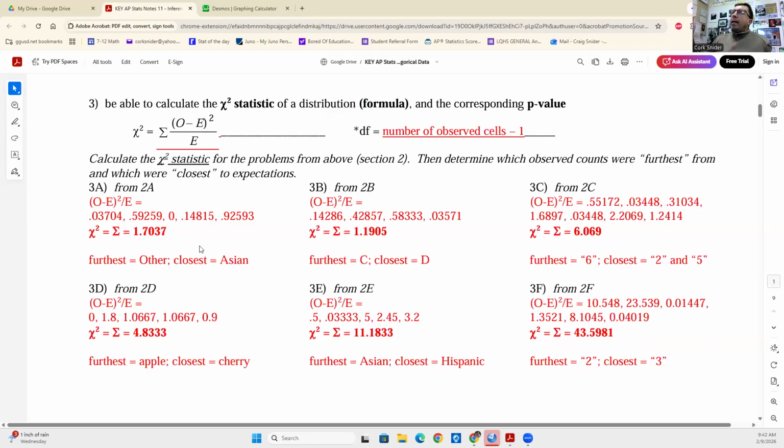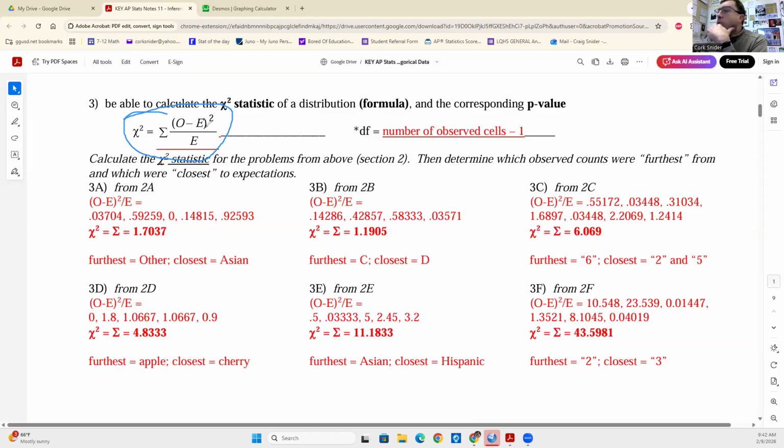So the bigger the stat gets, the lower the p-value. And we're going to talk about degrees of freedom as well. Here is the statistic for this, okay? And we're going to do this for one of these, just one of them, okay? So here it's O, meaning observed, minus E squared divided by E. And you're going to add them all up.